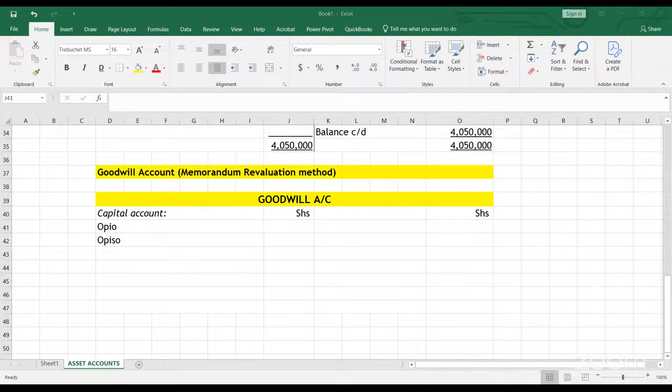That Goodwill is how much? That Goodwill is 6 million. So each of them will take a half.